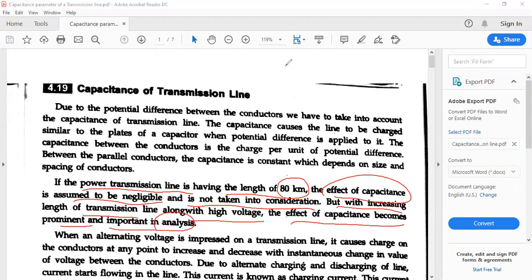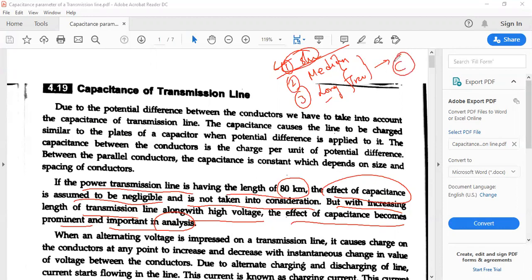As you can see, we had categorized three types of transmission lines: short, medium, and long transmission lines. We were not taking the effect of capacitance in the case of short transmission lines, and only in the case of medium and long transmission lines did we take the effect of capacitance into picture.